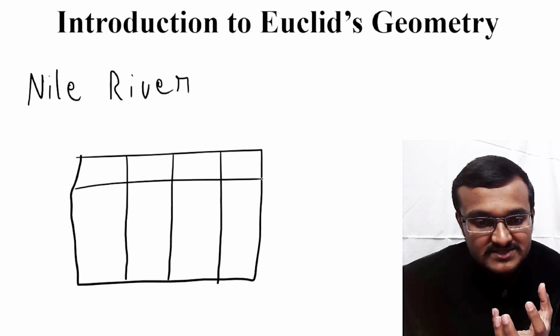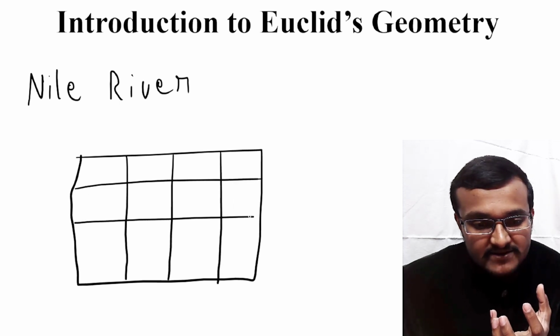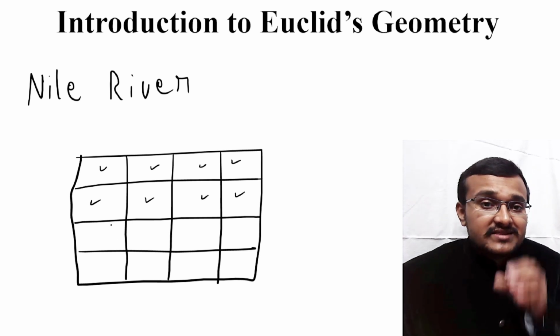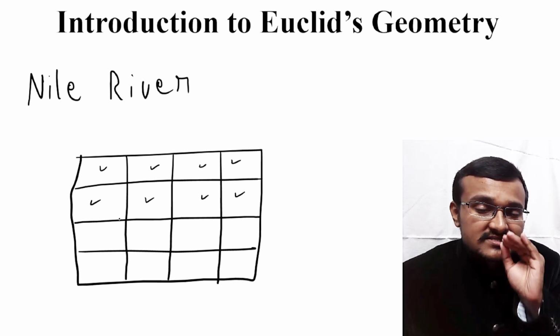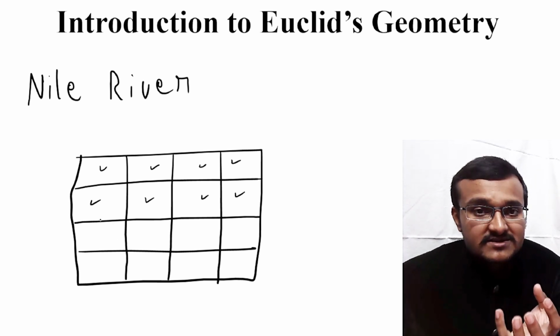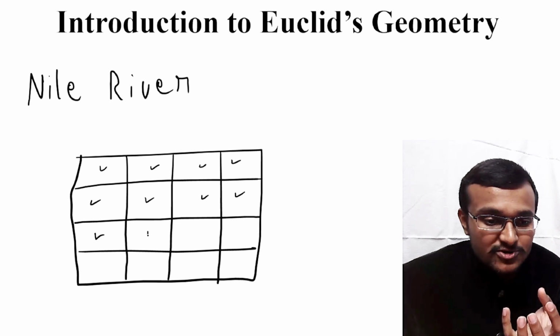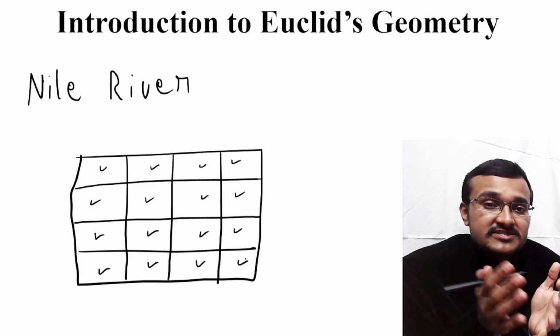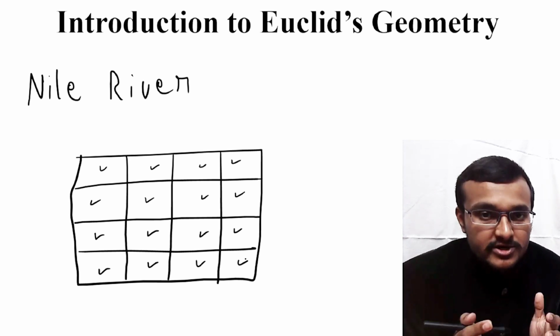For example, if this is a big chunk of land and all these small portions are agricultural lands, and the boundaries are erased, then again we require some subject knowledge in order to re-establish these boundaries and the amount of area each person owned.